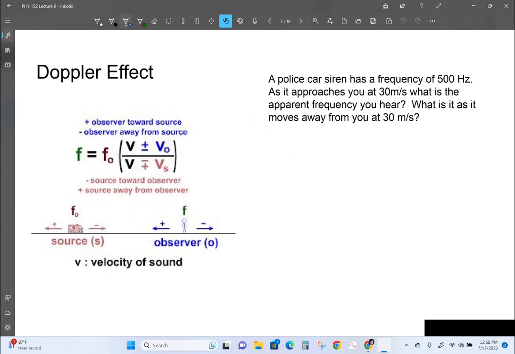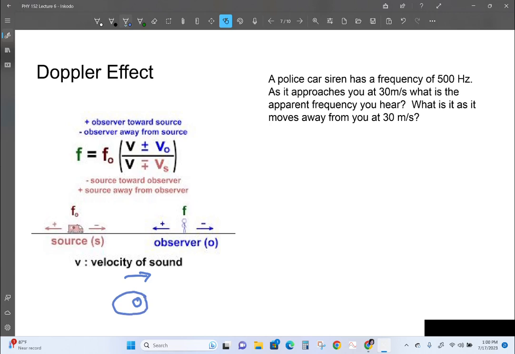Okay, let's talk about that Doppler effect. Remember that the Doppler effect occurs because as a sound source moves towards an observer, so imagine that we have a sound source moving this way, and it's creating sounds.